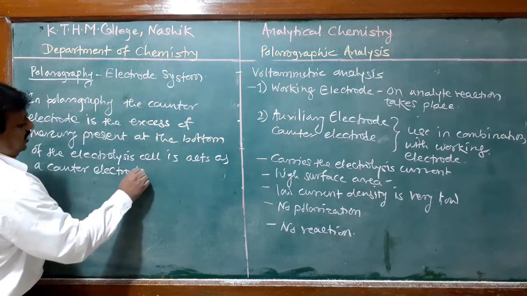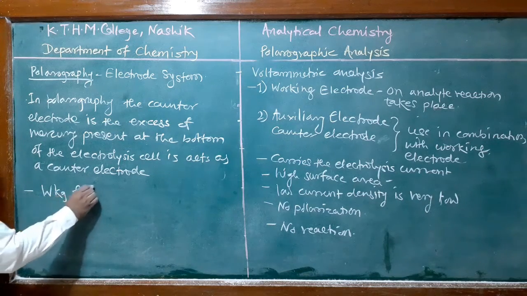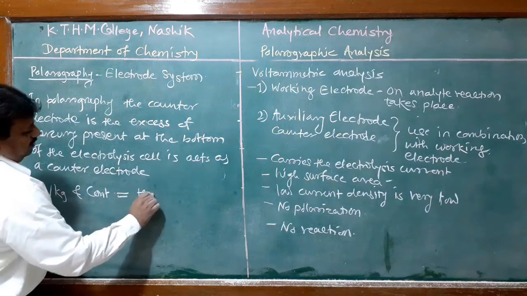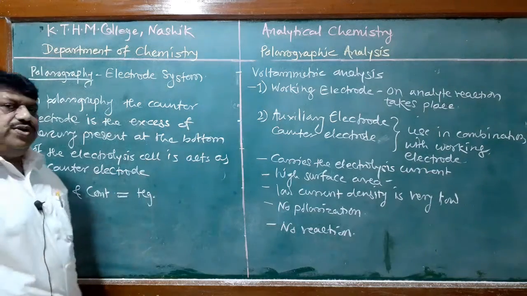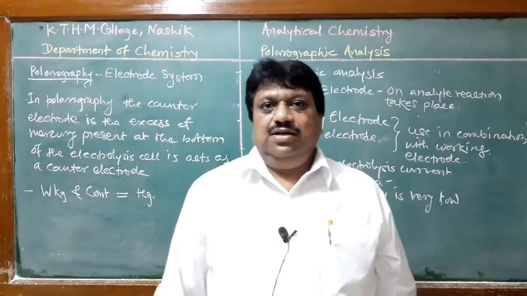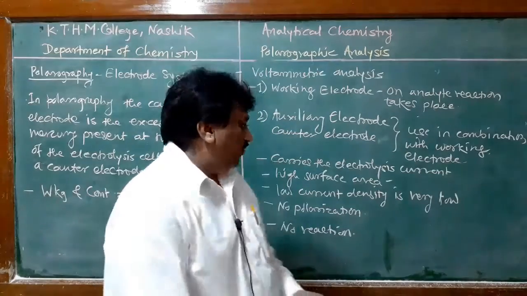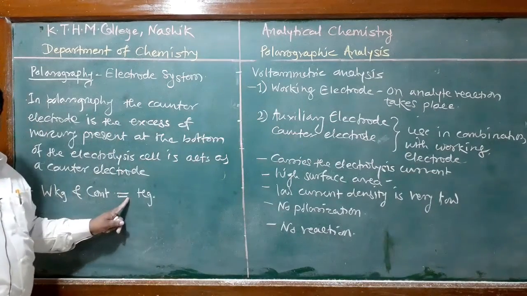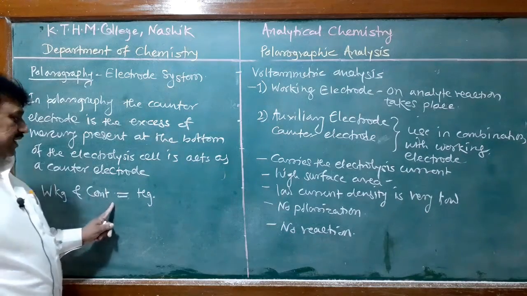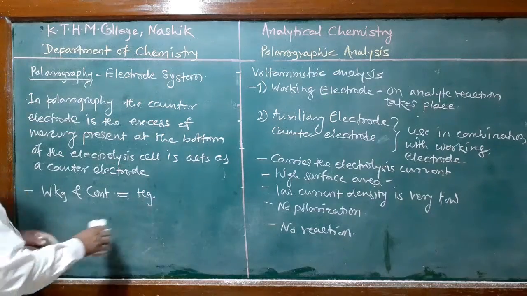Therefore, in polarography, both the working electrode as well as the counter electrode are made up of mercury metal. Polarography is a linear scan voltammetric technique performed by using a mercury electrode. This is the only technique of voltammetry in which the working electrode as well as the counter electrode are both made up of mercury.